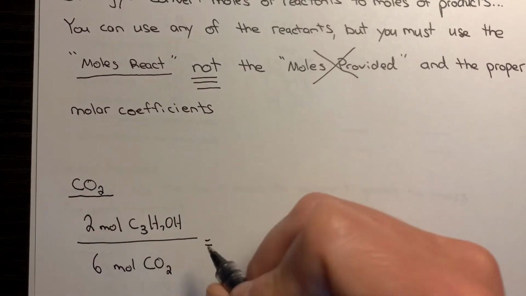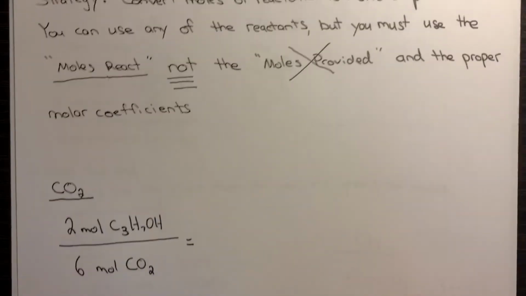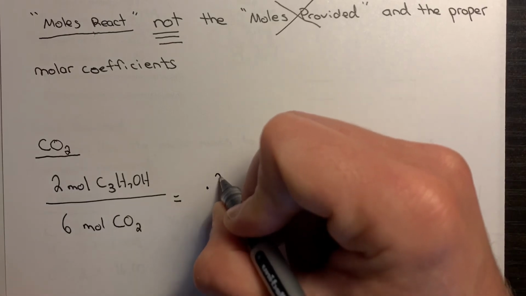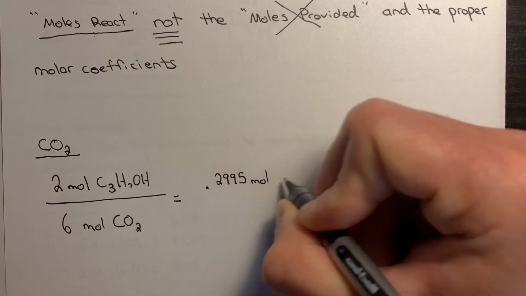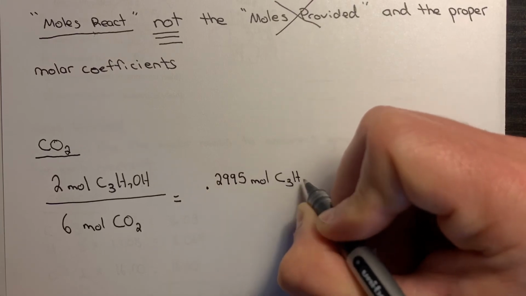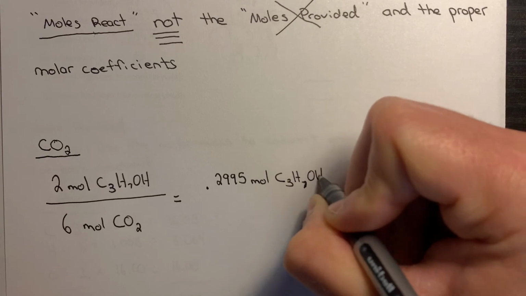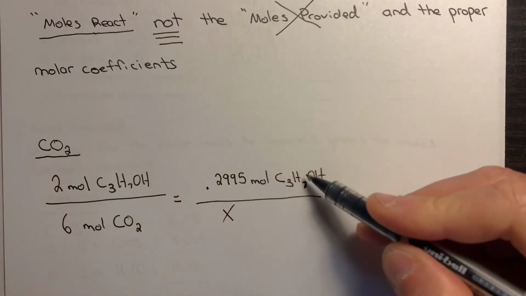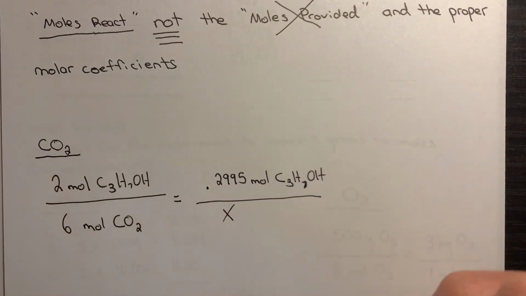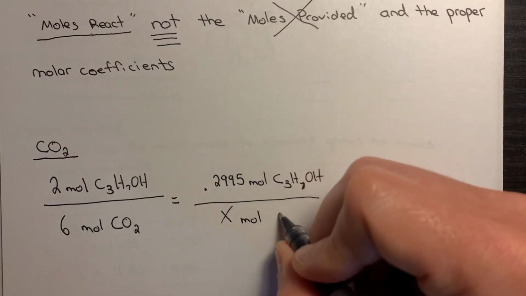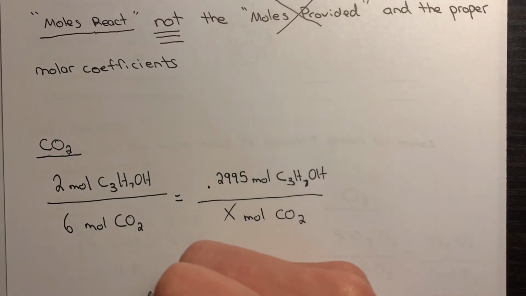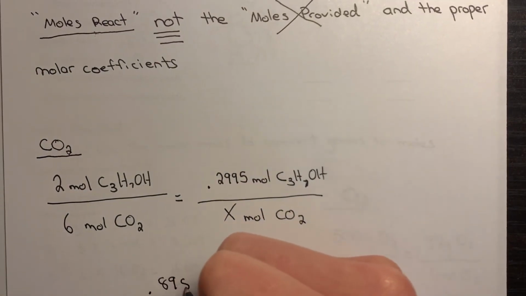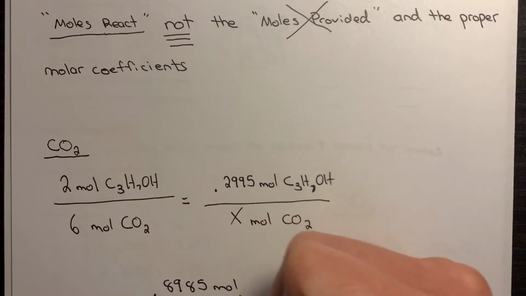Well, as far as the moles that actually react goes, I found that only 0.2995 moles of that 2-propanol react. So I'm just trying to figure out, well, if I had this much in hand, and I know that it's a 2-to-6 ratio, essentially I'm scaling things up by a factor of 3, I want to solve for how many moles of carbon dioxide I can form. So I perform the operation, I find that I have 0.8985 moles of carbon dioxide.